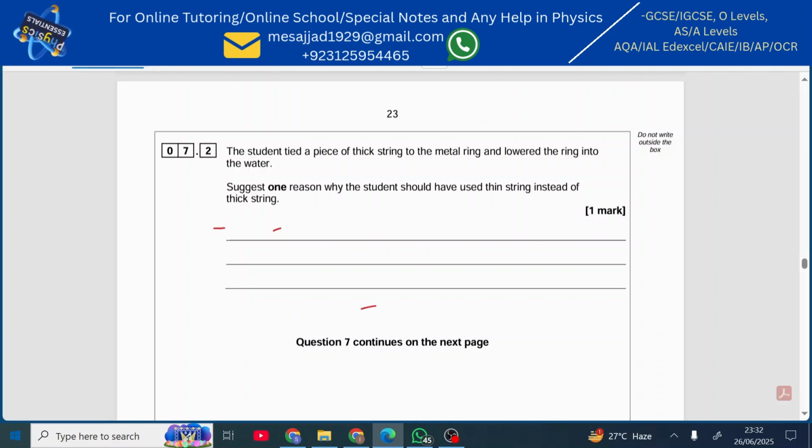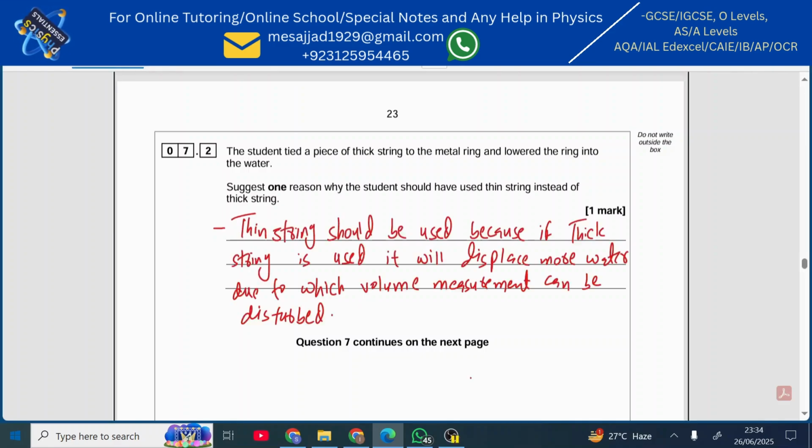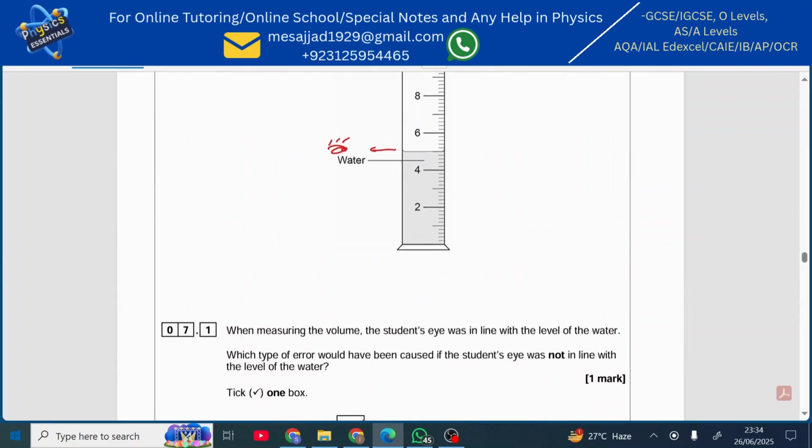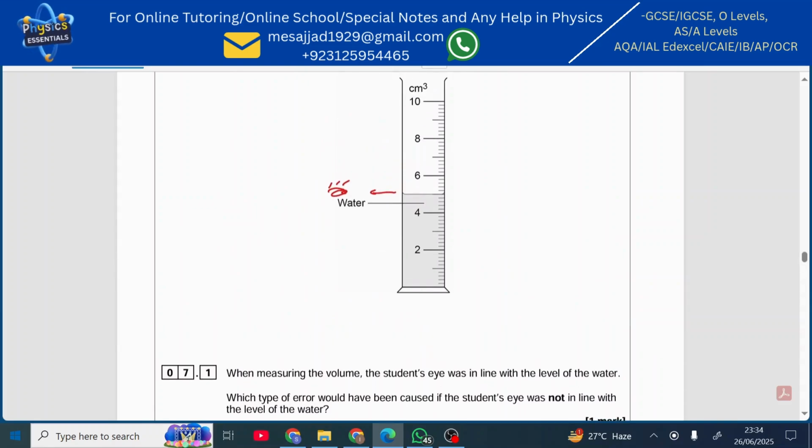So here I have written the answer. The thin string should be used because if thick string is used, it will displace more water, due to which volume measurement can be disturbed, which is actually our purpose of this question, to measure the volume.